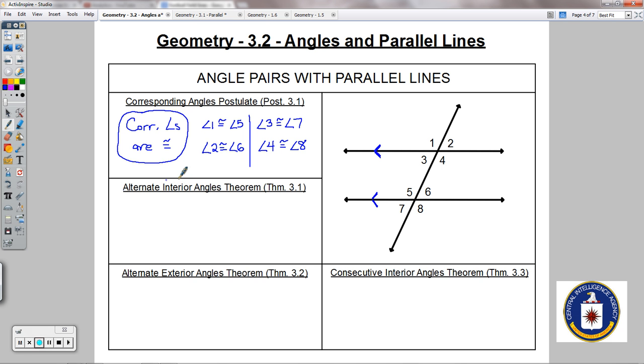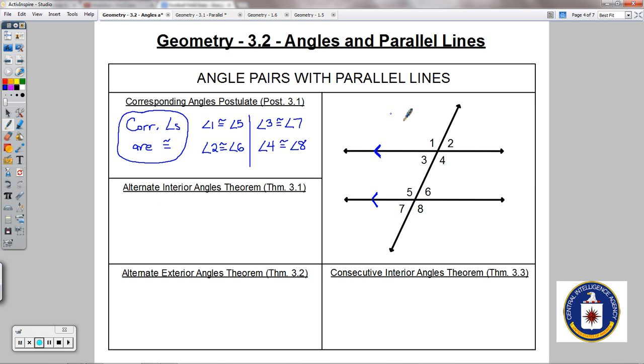Next up we have the alternate interior angles theorem. The previous one is a postulate because we have to assume that this is true. We can't actually prove it, but then the rest of these we can have as theorems. Postulates are generally widely accepted and thought of as just obvious, but depending on how you change postulates, you can actually come up with an entirely different type of geometry, called hyperbolic geometry, which we won't learn about in this class much, if at all, but that's something you might learn in a college geometry class.